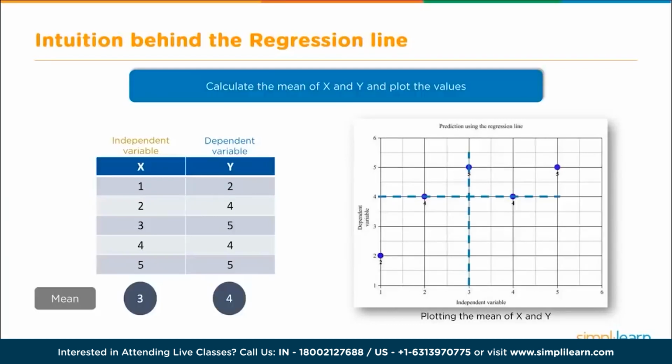The next thing we want to know is what the means are of each of the data coming in, the x and the y. The mean doesn't mean anything other than the average. So we add up all the numbers and divide by the total. So 1 plus 2 plus 3 plus 4 plus 5 over 5 equals 3. And the same for y, we get 4. If we go ahead and plot the means on the graph, we'll see we get 3, 4, which draws a nice line down the middle.